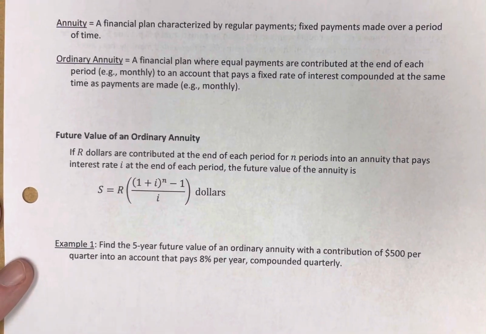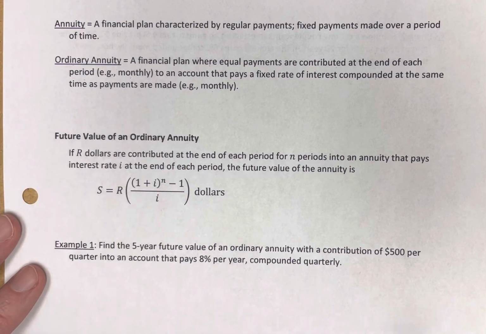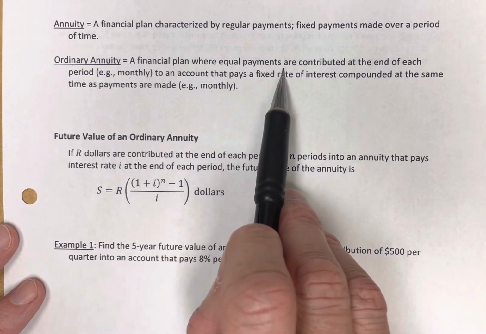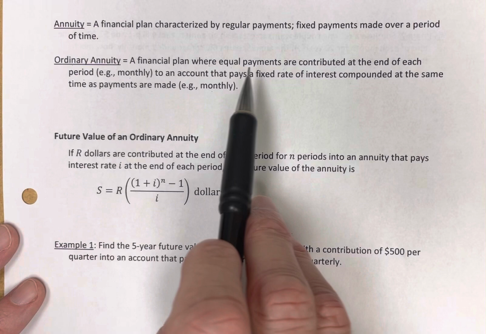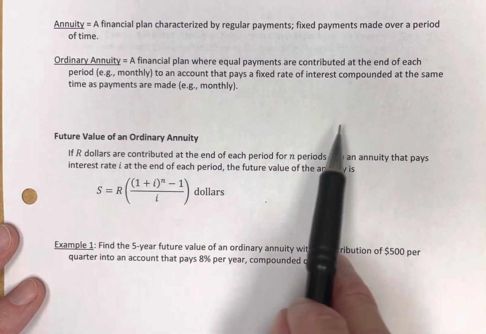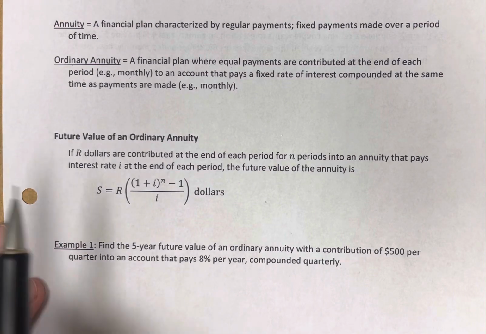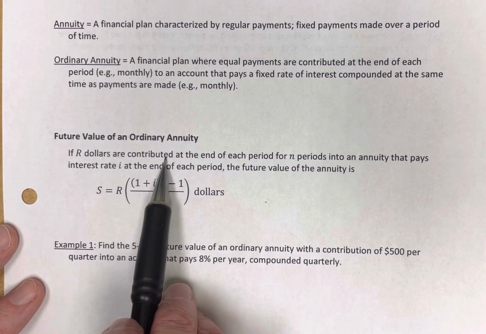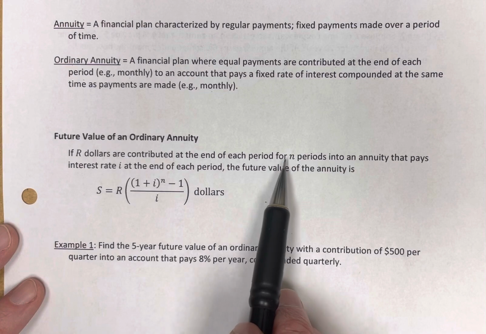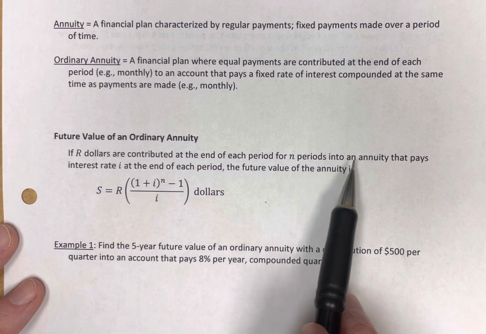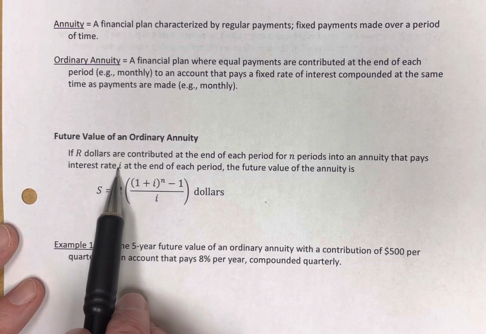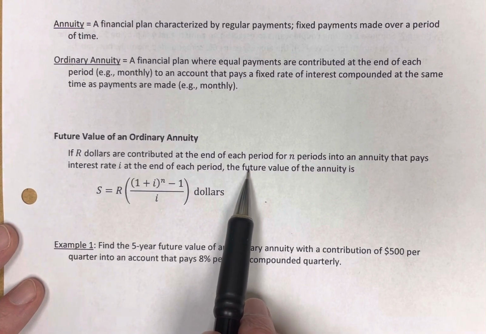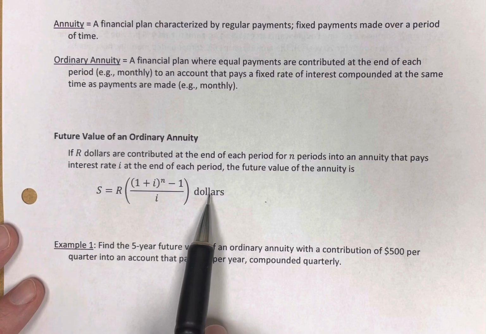All right, how do we find the future value? So if I contribute equal payments at the end of each period into an account that pays an interest rate, how much will I have in the future? The future value of an ordinary annuity: if R dollars are contributed at the end of each period for n periods into an annuity that pays an interest rate i at the end of each period, this period must equal this period, the amount you'll have in the future is determined by this formula.